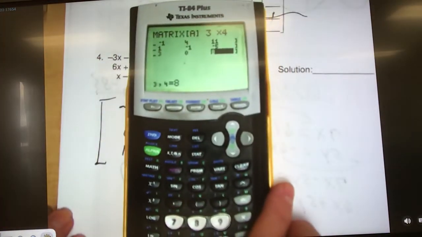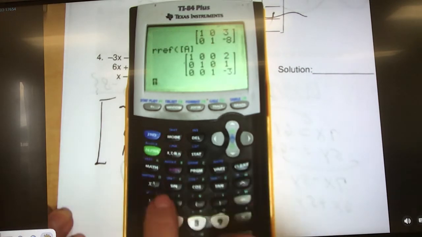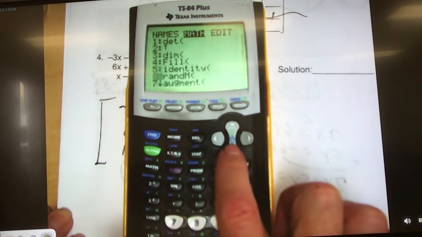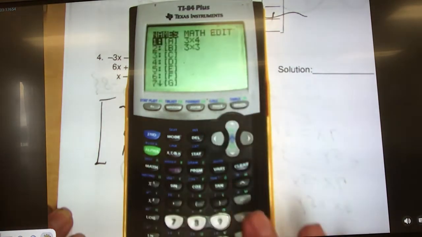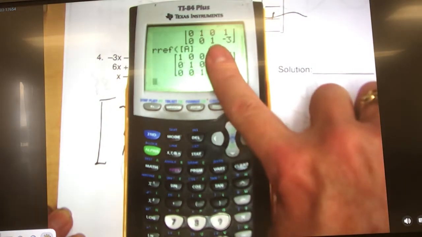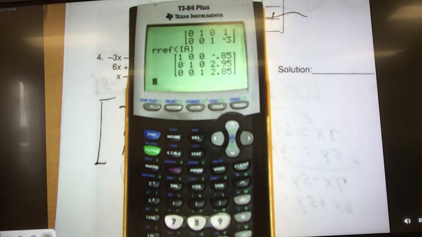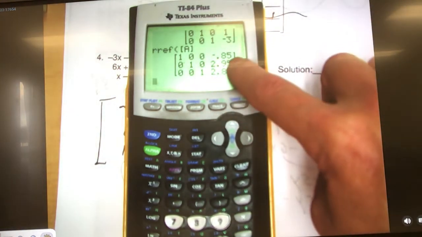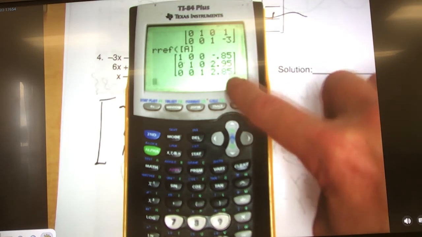Okay, once I have them all in, I get out of this screen. Second matrix, go over to math, go down to RREF. Second matrix number 1, hit enter. And if I cover up the end, I see that I do have the diagonal ones, and then the end would be my answers. X value is -0.85, y value is 2.95, and z value is 2.85.